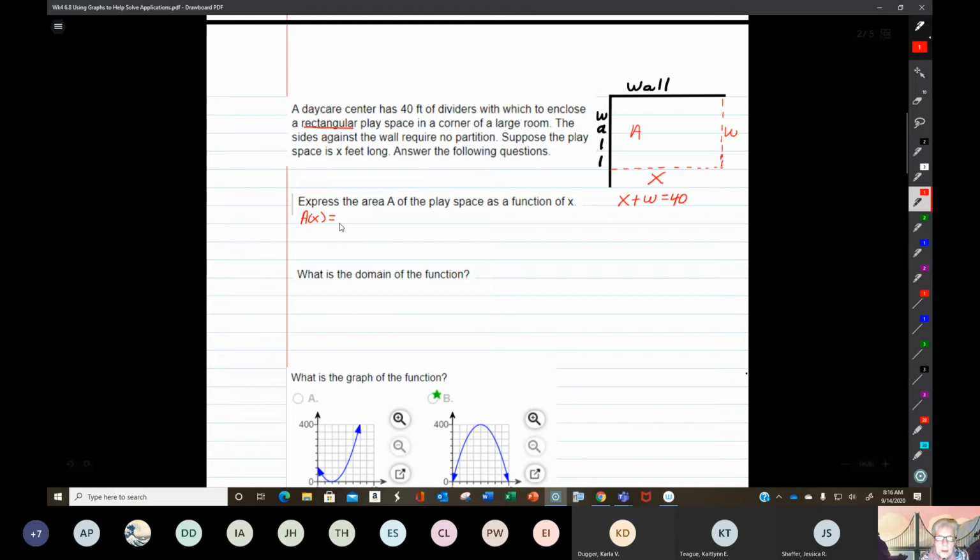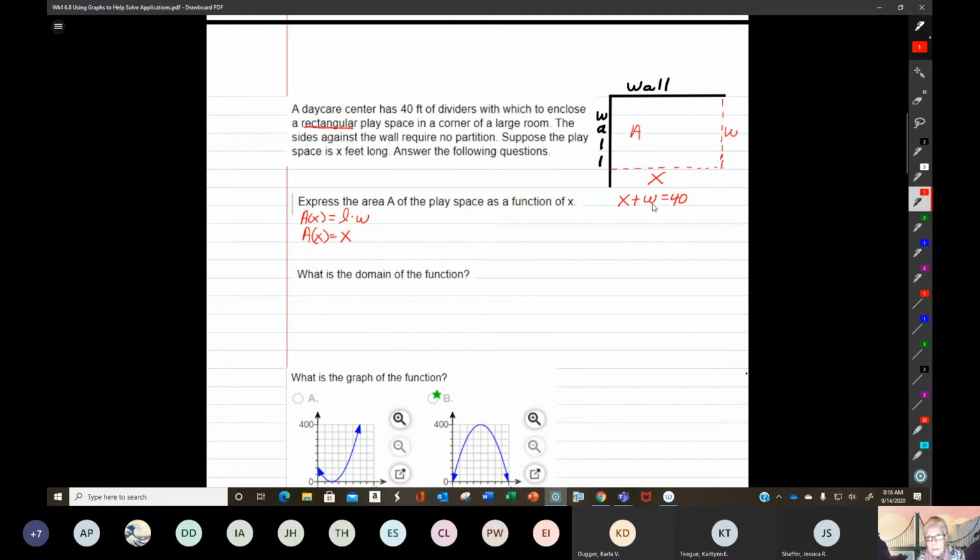Okay, the area is length times width. Well, they're calling the length X, so A of X is going to equal X times W, but that X in the parentheses means we can't have any W's running around over here.